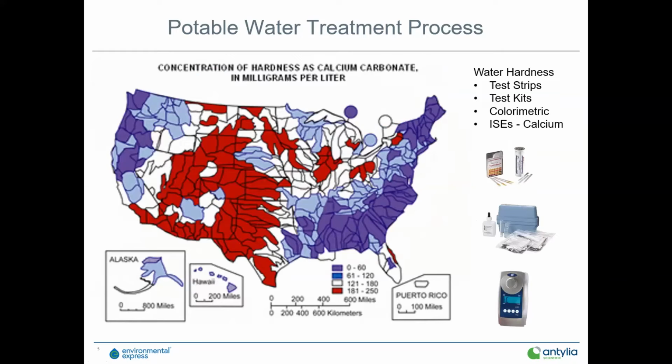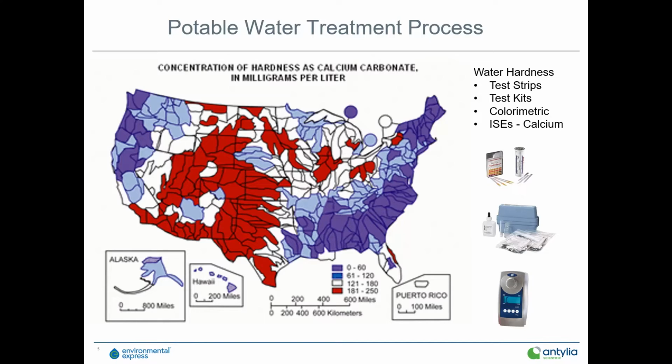I did want to touch quickly on water hardness, as everyone in the country experiences some level of hardness. That's essentially calcium or magnesium salts dissolved in the water. Although these are non-toxic, they can become an issue by reducing the cleaning efficiency of your soaps or surfactants, and might even stain clothes.